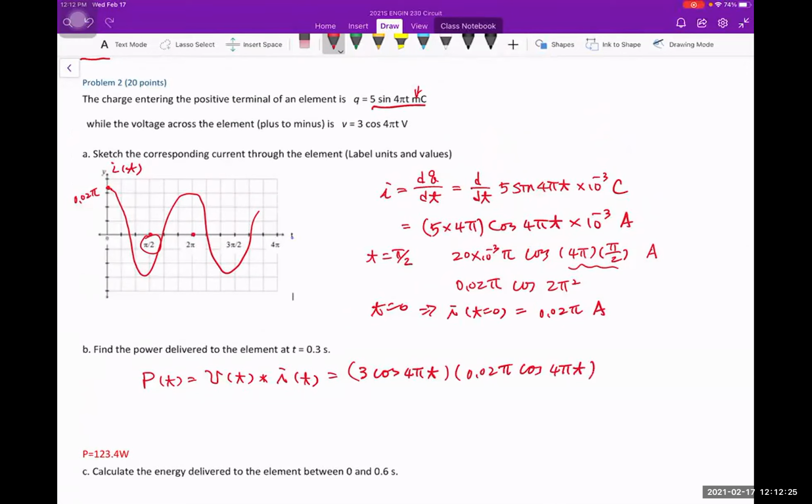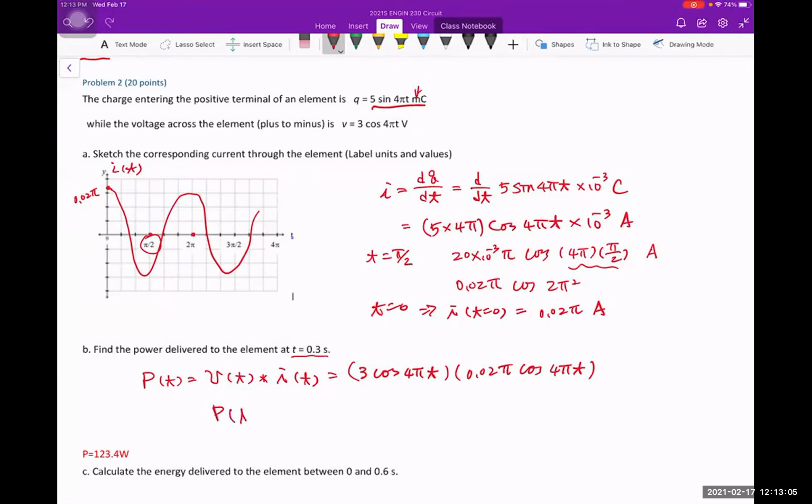Now, if I give you this problem, you probably need some trigonometric identity. When you have a cosine multiplied with a cosine, what will be the equation for that? I will give you that equation as well, so you can find the solution. But even if you don't have that, you can still solve this, right? Because I only look at the time equal to 0.3 seconds, which means you already have the power equation.